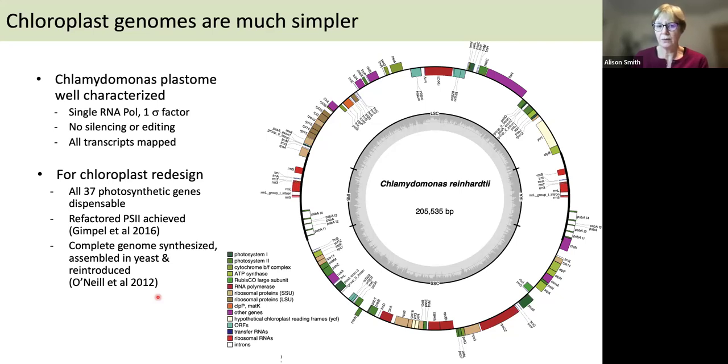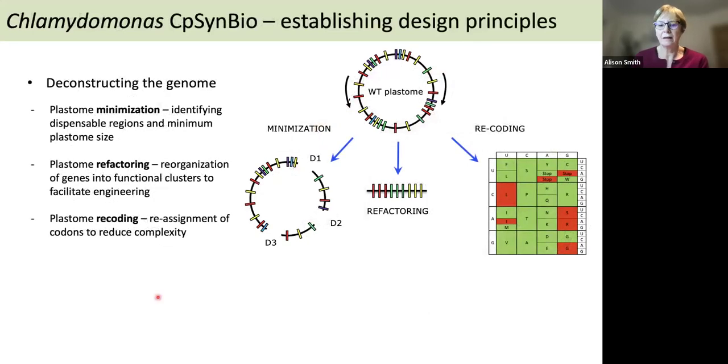Nonetheless, based on all these factors, we decided that this would be an ideal system to try to deconstruct and then redesign completely de novo. So what we've been working on is 3 different approaches. We've been doing minimization, that is deleting all of the dispensable regions, which would enable us to identify the minimum plastome size. We've been refactoring, which is reorganizing the genes into functional clusters.